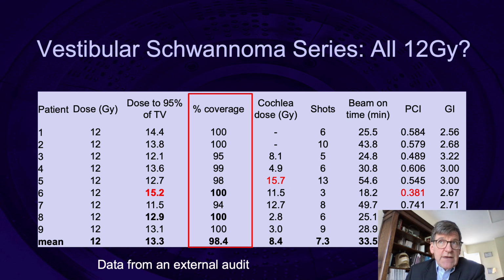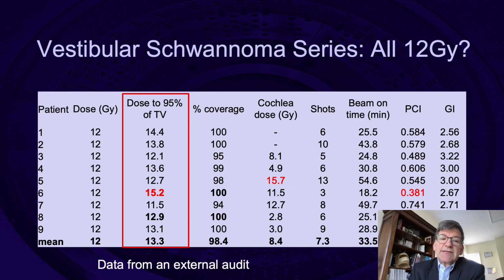Now, if we look at a parameter that's maybe more objective, let's say the dose to 95% of the target volume, we can see that this varies dramatically. So we have one case, case 7, where the dose to 95% is 11.5 gray. So that's less than 12 gray. And yet we have another one where the dose is 15.2 gray to 95%.